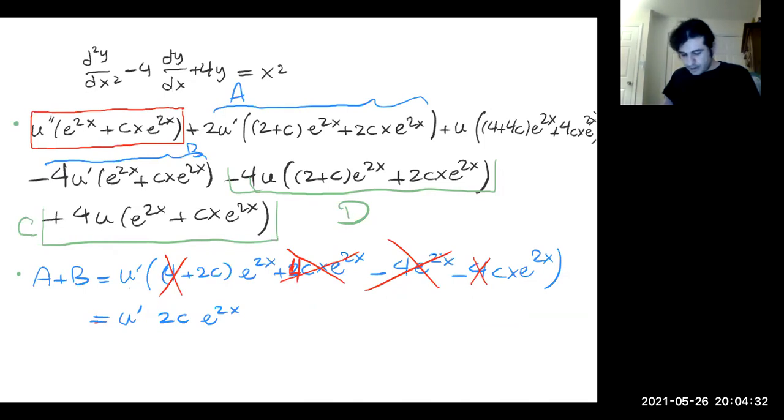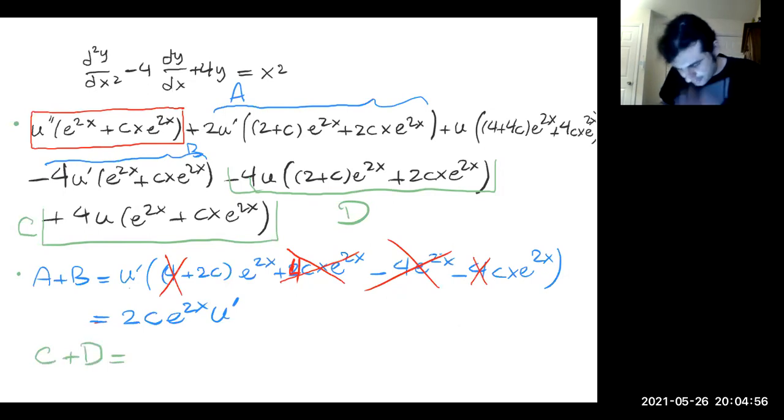So what we are going to get at the end would be 2c e to the 2x u prime. Yeah, great. Now, what is c plus d? What is c plus d? Let's see.